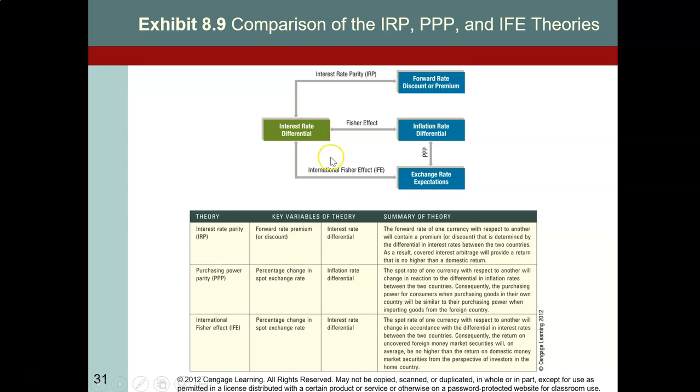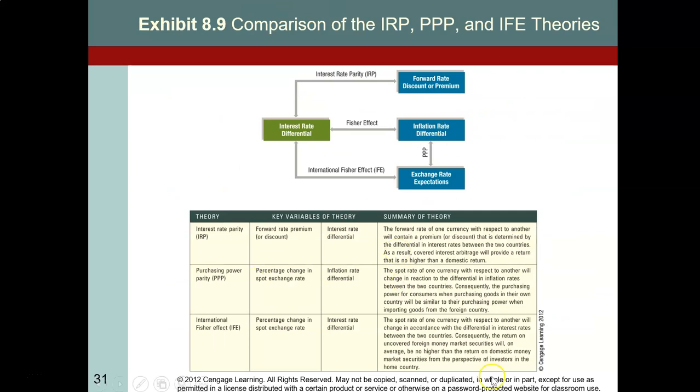For the international Fisher effect, interest rate difference can affect exchange rate difference. For purchasing power parity, inflation rate difference can affect exchange rate expectations. And for interest rate parity, interest rate difference can affect forward premium. So this is putting the definitions of these theories together.